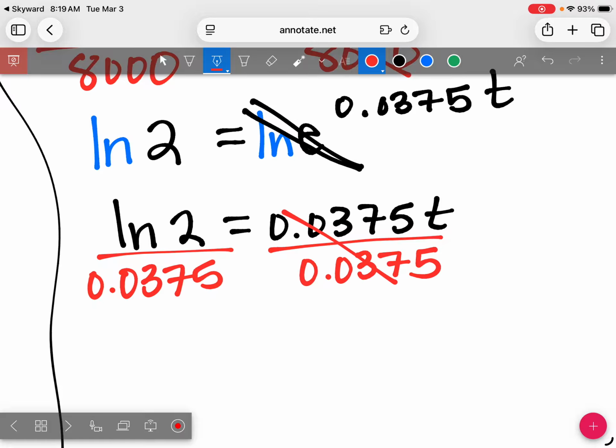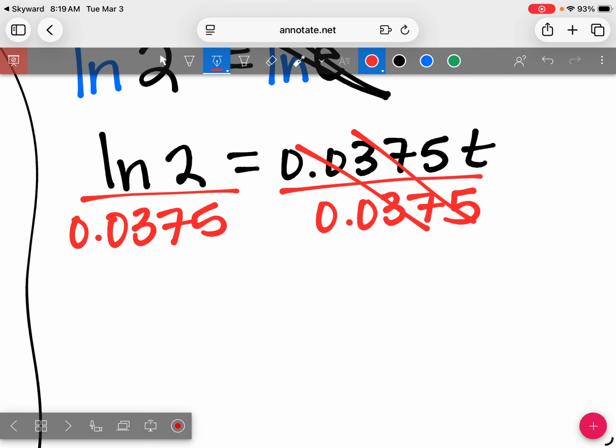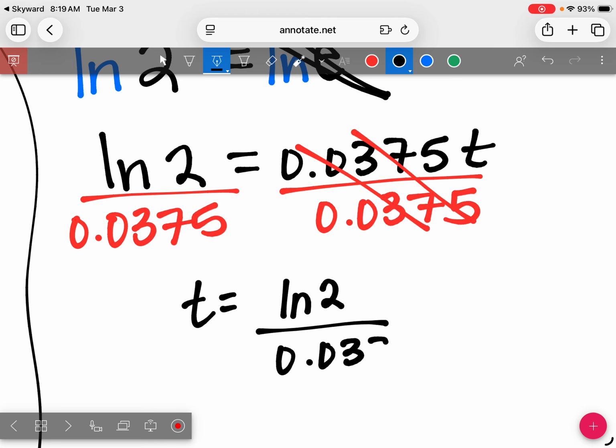0.0375. This cancels out. So now we know that t equals the natural log of 2 divided by 0.0375. Pick up your calculators. And we'll go to the tens place.